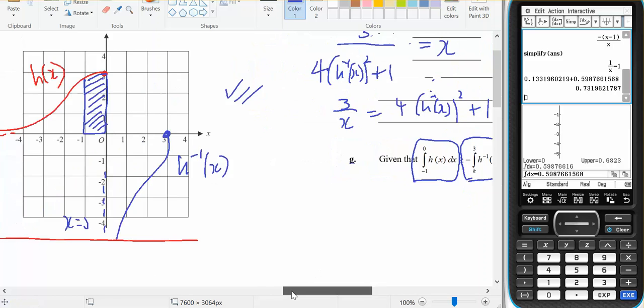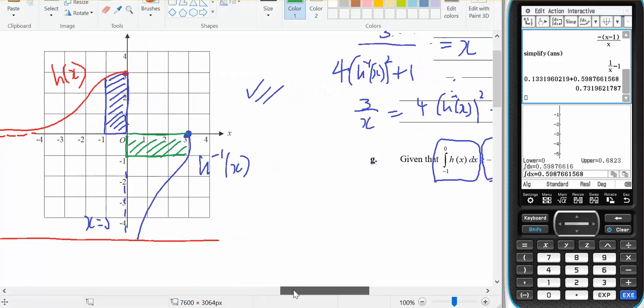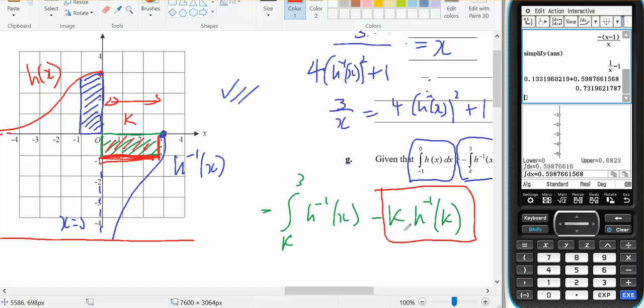So notice that the symmetry is going to happen in this question again. Those areas are equal to each other. Of k, and this depth will be the inverse of h of x of k, and this bit here is this area here, which goes from k to 3 just of the inverse.